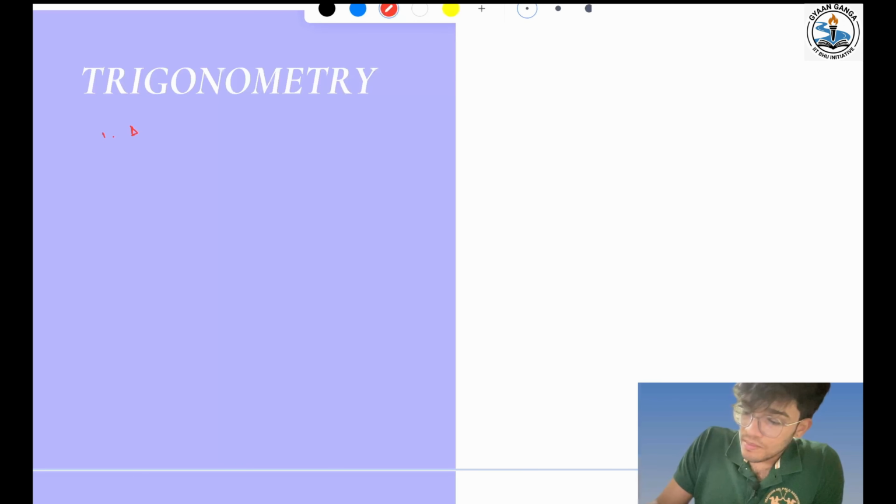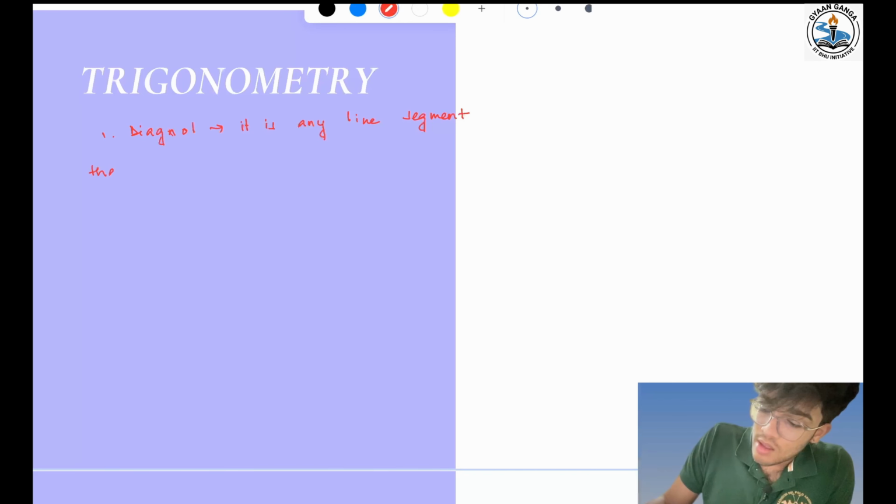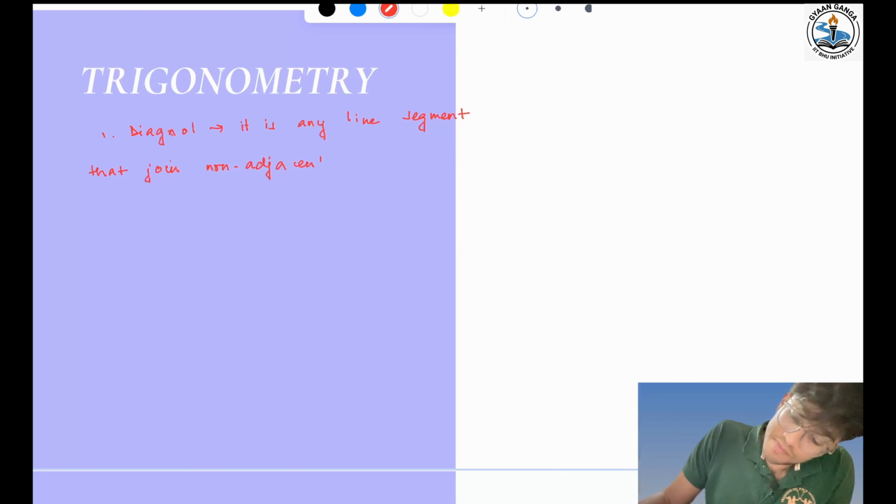A diagonal is any line segment that joins non-adjacent vertices of a polygon.